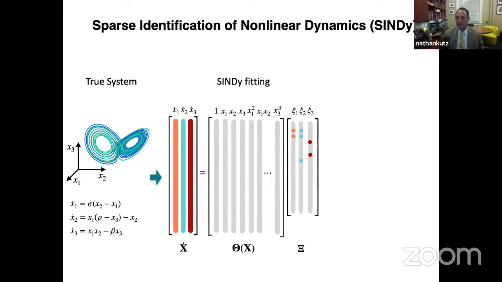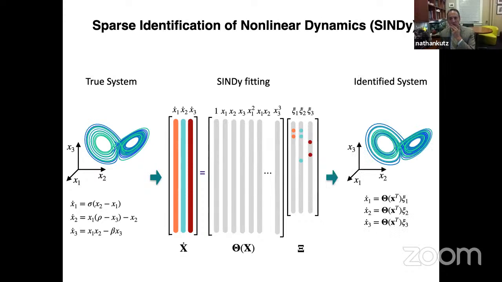There is noise that can affect your ability to do this, multiscale physics, all kinds of things. I addressed some of them in the last lecture, but we've been working very hard since this original paper to overcome many of these obstacles. Once you've done this, you didn't know what the governing equations were. You now have an identified system, and it turns out you actually got back the system you started with.